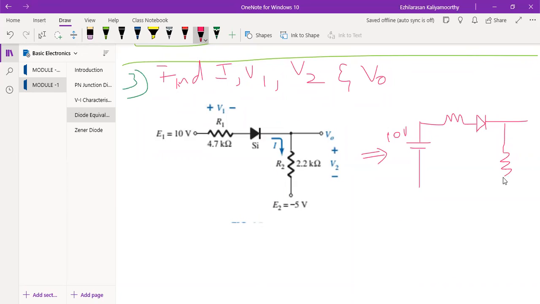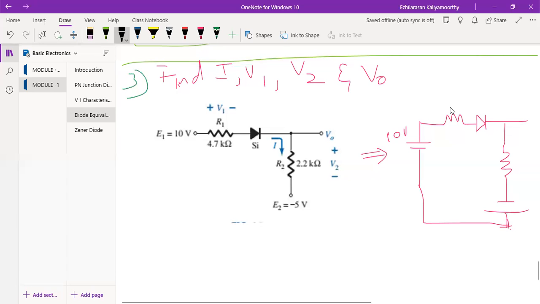Okay, then the resistance. Then after that, you can see here minus 10 volt, so minus C. Yes. So this will be connected to ground, or they can connect like this also.